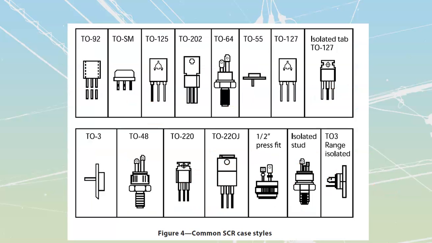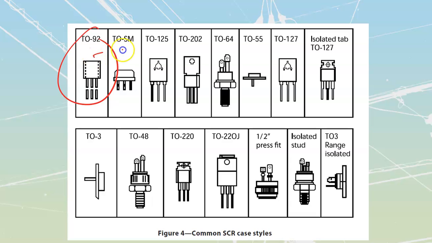Last of all, common case styles. There's a pile of different cases that these things can come in. I wouldn't worry too much about knowing what these case styles are. To be honest, anytime you're looking for a replacement, you're going to start with the manufacturer's part number, and that's going to tell you the case style. The other reason I don't want to spend a lot of time on this is because the sizing they're showing here is very misleading.